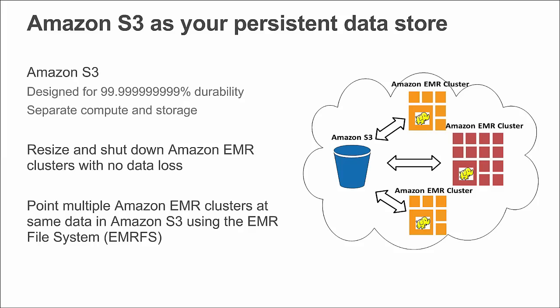So this allows you, for example, to have an enterprise production environment, but then to give a data science team their own cluster talking to production data and allow them to do whatever they want without interrupting any production jobs. So a lot of flexibility. It also improves your availability because S3 is available in any of our availability zones within a region.